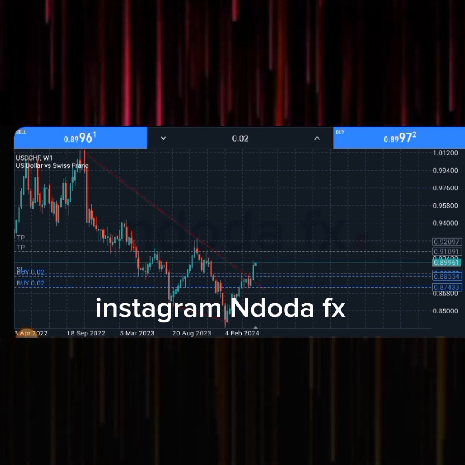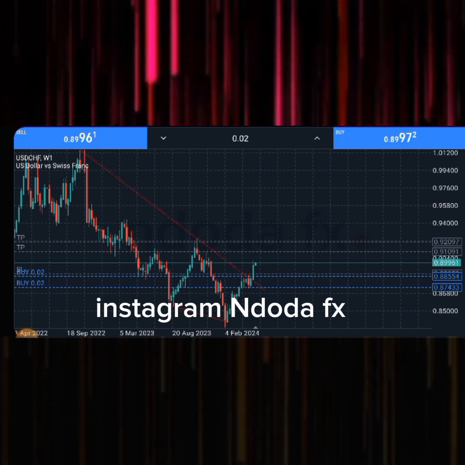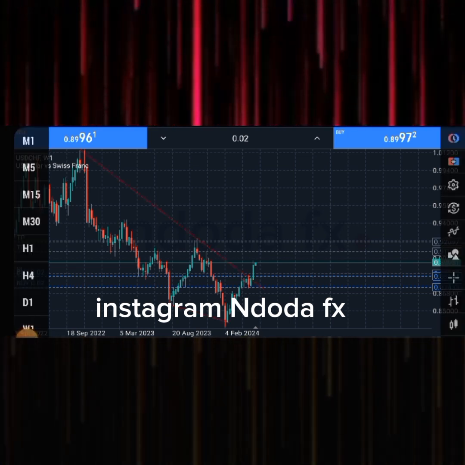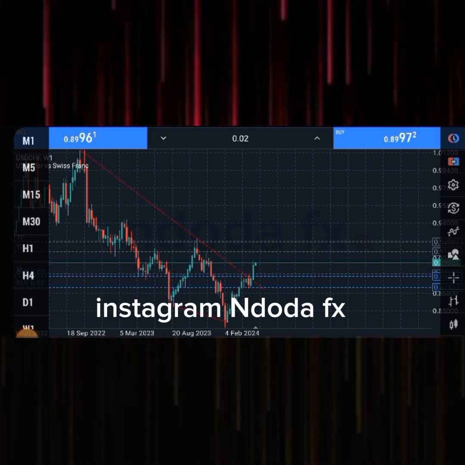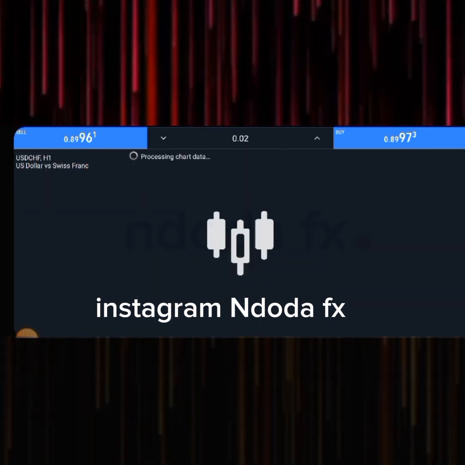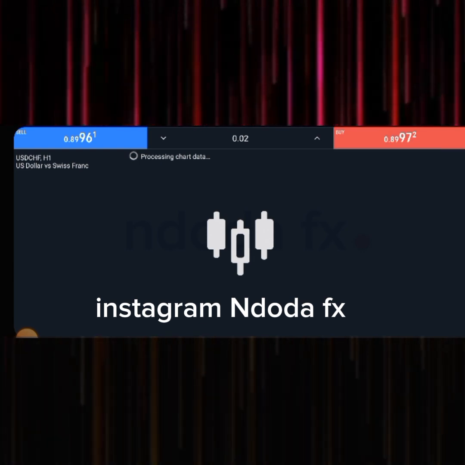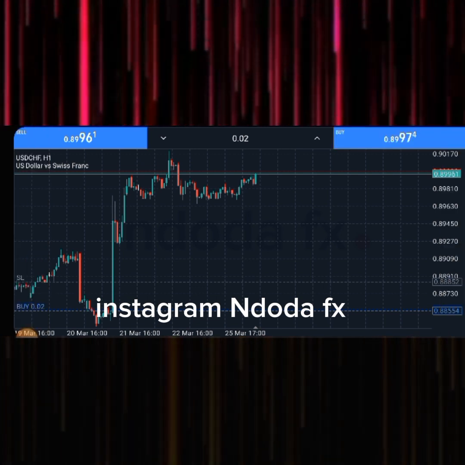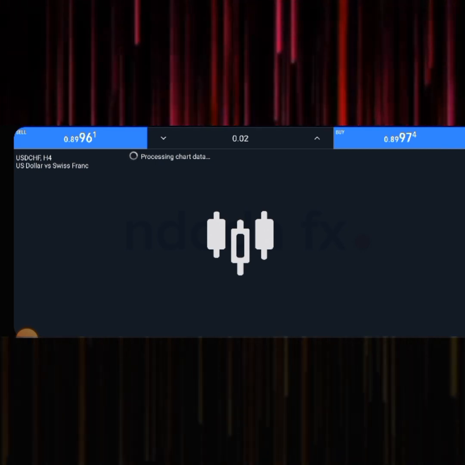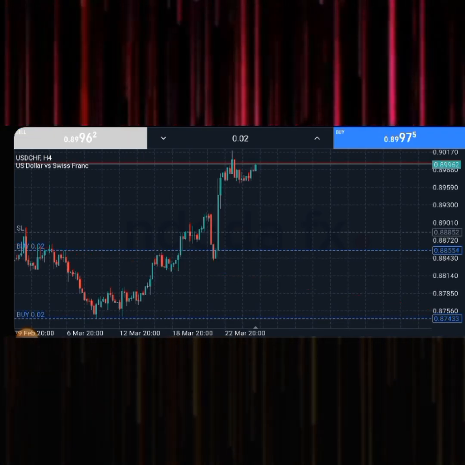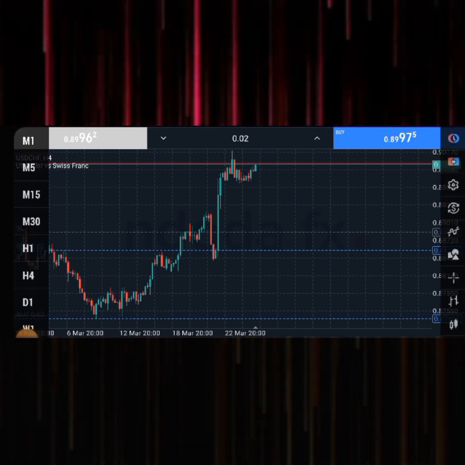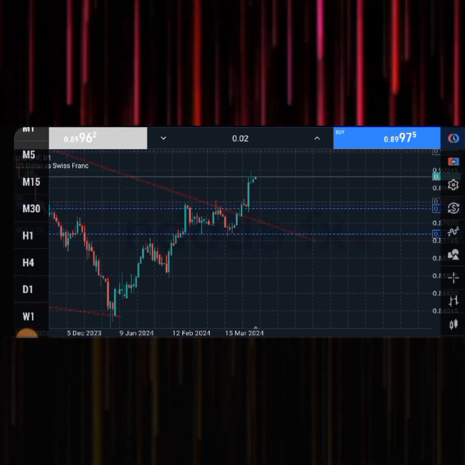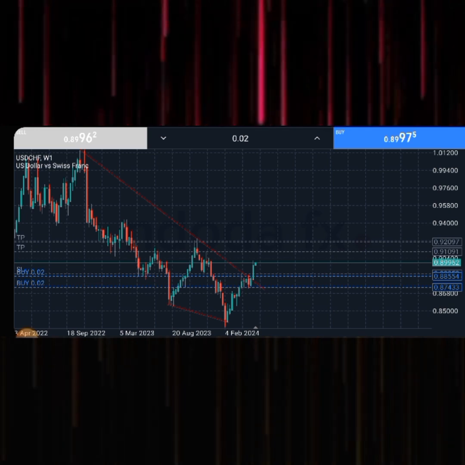Don't forget, in Forex, we are working with time frames. We have the 1 hour time frame, the 4 hour time frame, the daily time frame, and then the weekly time frame.